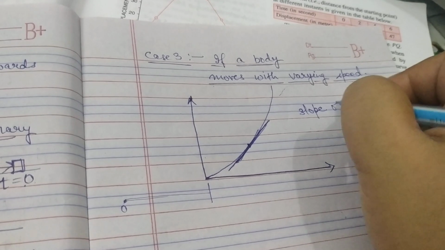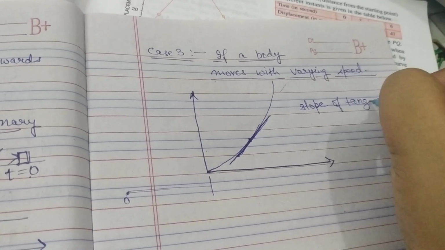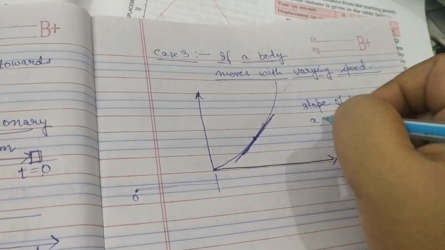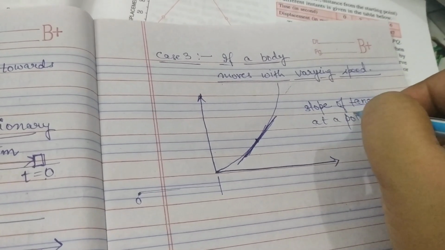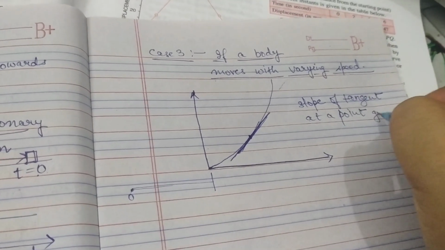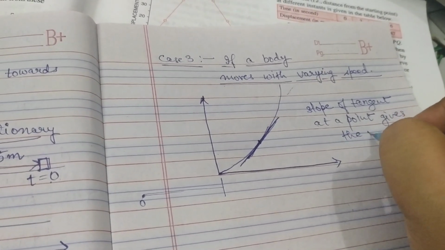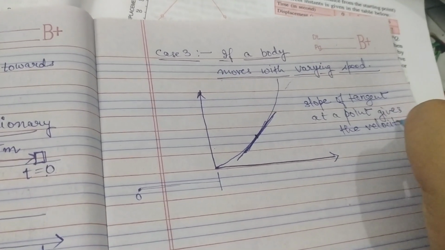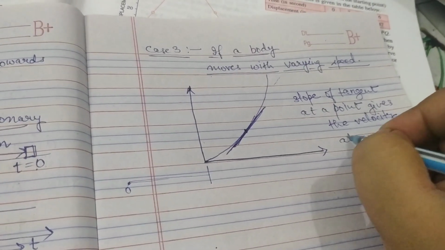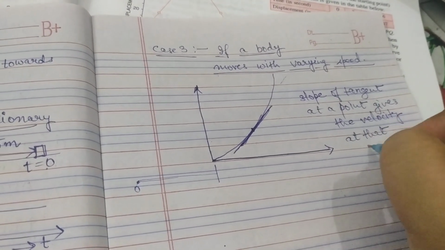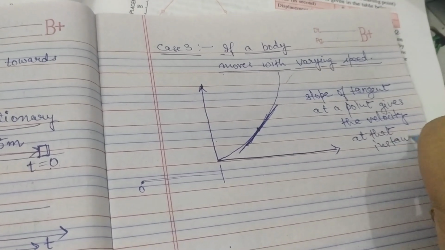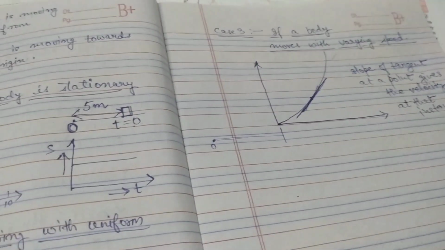Slope of tangent at a point gives the velocity at that instant, because here velocity is changing at every instant, right?